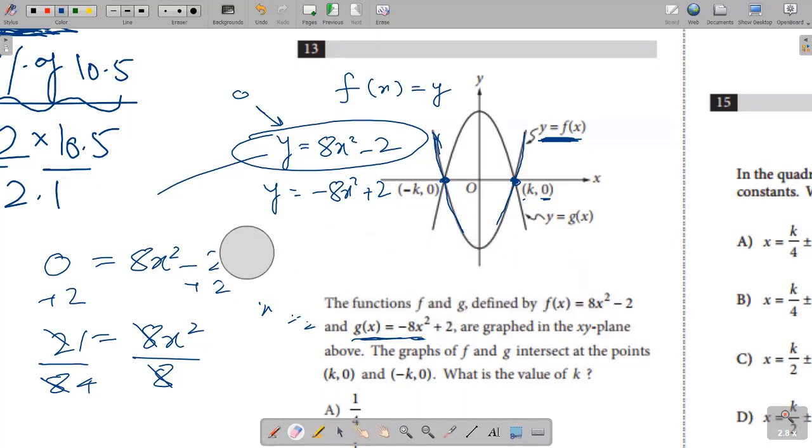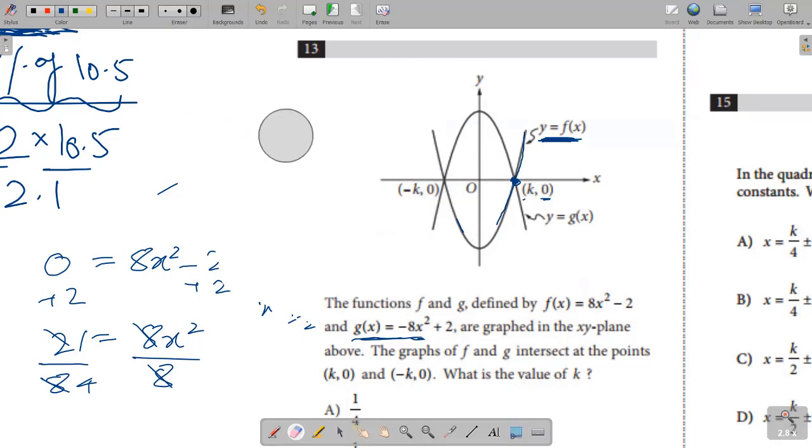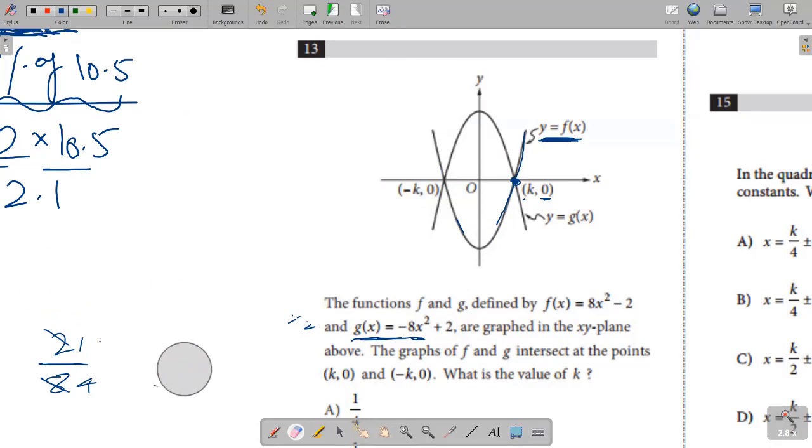Right. So what we did here is we want to calculate the value of k, and k is the x-coordinate where the y-coordinate is 0, correct? This point as well as this point. So what we can do here is take the equation of one of the parabolas.